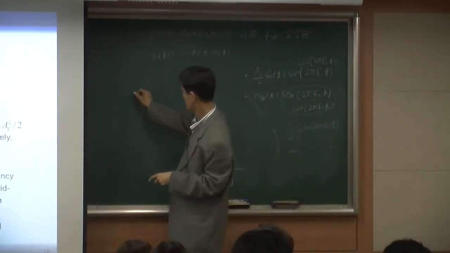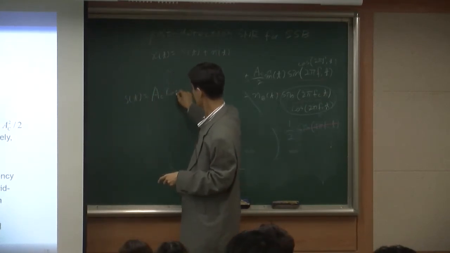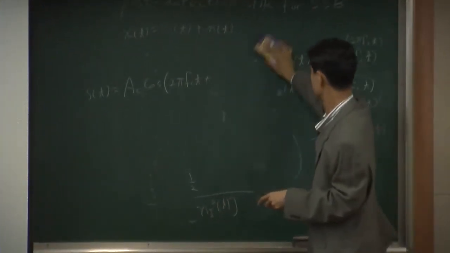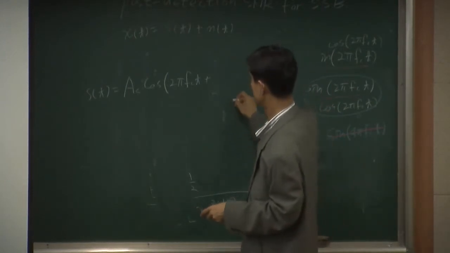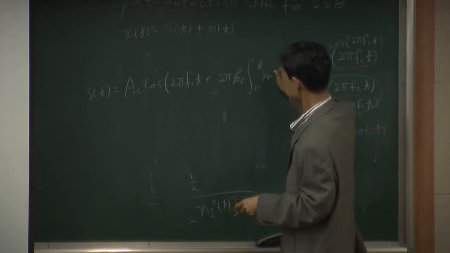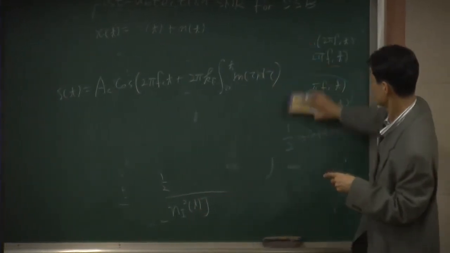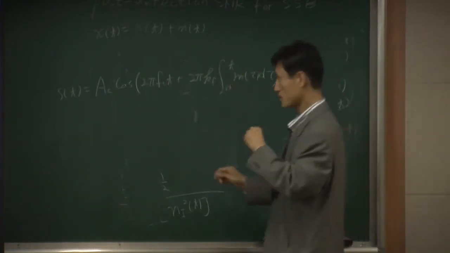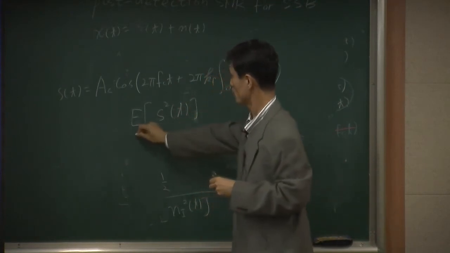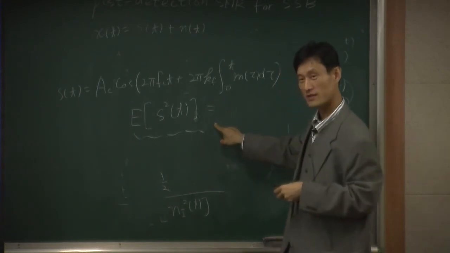But let's see. This is S(t), our FM, and AC cosine. It looks complex, but this is a signal over the air. Just grab this signal and calculate the signal power, the average signal power. So what is this one?